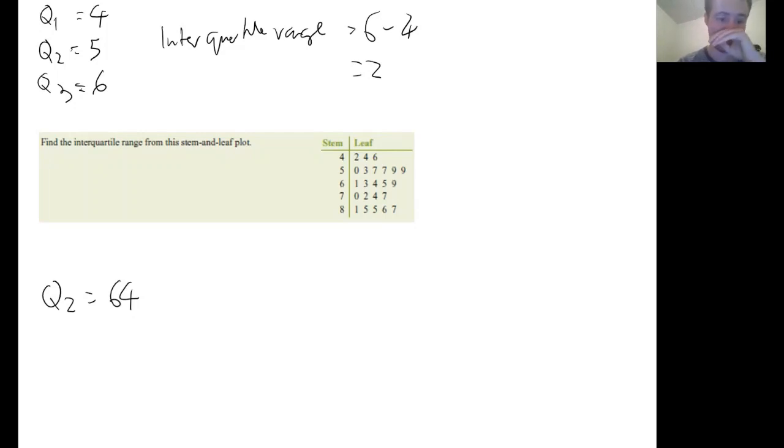And then to find Q1, we're going to have 11 scores below 64. We're going to find the middle score of those 11. So it's going to be 1, 2, 3, 4, 5, 6 is going to be our middle one. So the middle score of 11 is going to be the 6th one. So Q1, or the lower quartile, is going to be 57.